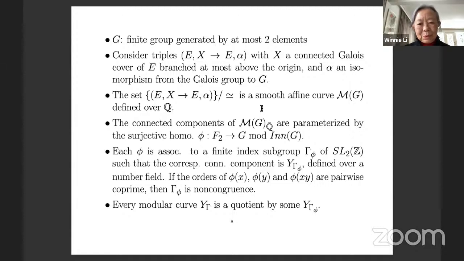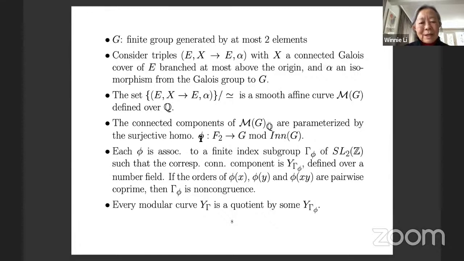defined over Q. Okay. So if we look at the algebraic points on this curve M_G, then it decomposes into finitely many connected components. And he showed that these components are parameterized by the surjective homomorphisms from the free group F2 to G, modulo the inner automorphisms of G. Okay.